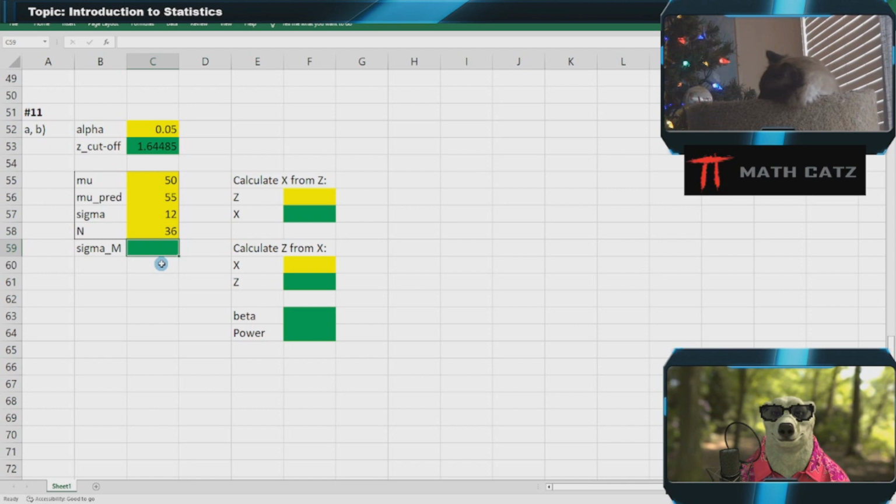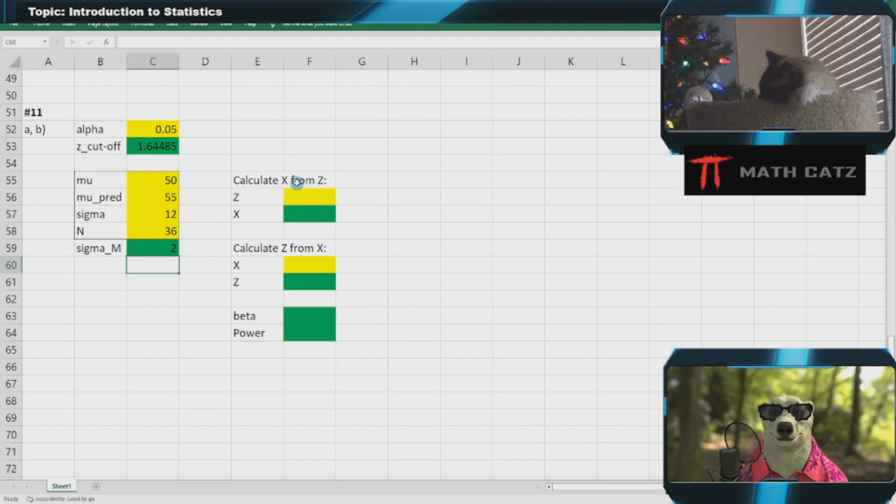And so the standard deviation of this distribution of means is going to be the standard deviation of the population divided by the square root of the sample size. So I have this SQRT function for the square root. I could also search in the insert function window for square root, and it'll come up too. Very convenient. Doesn't have to be that clean.